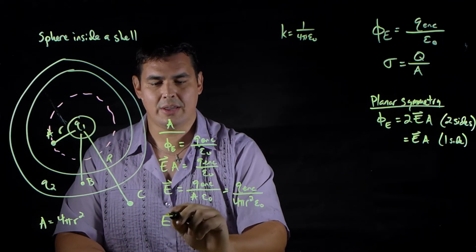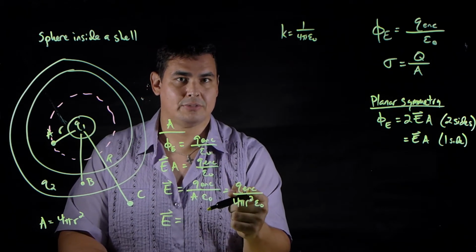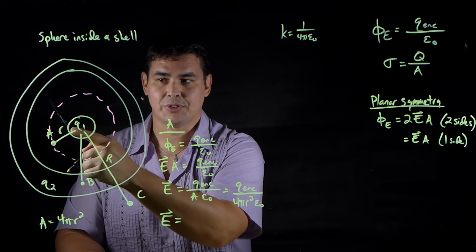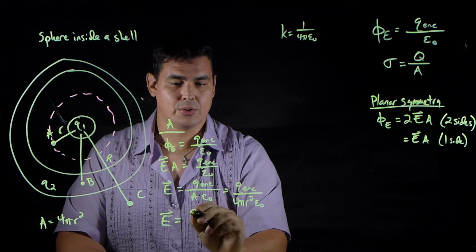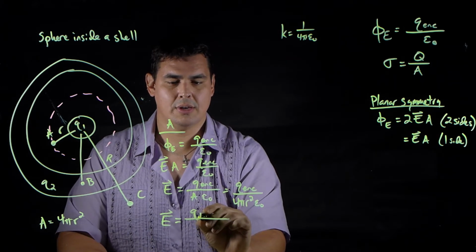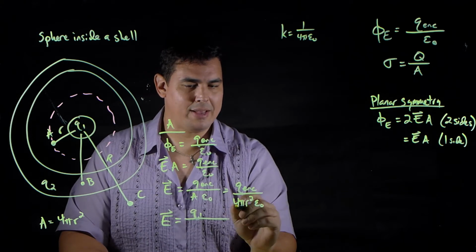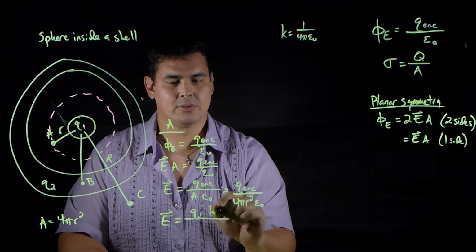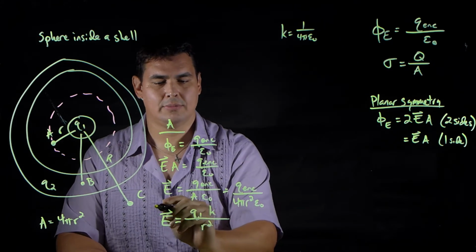So I can rewrite E as the enclosed charge, right? So let's substitute in what's the enclosed charge. Q1 is what's inside my Gaussian surface. So Q1 is going to be my enclosed charge, right? And then I'm calling K 1 over 4 pi epsilon naught times K over R squared.